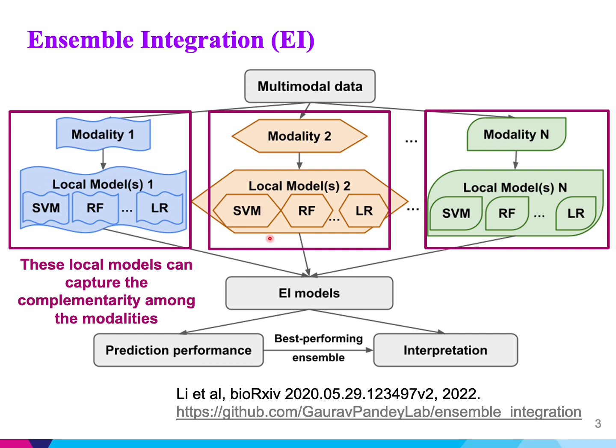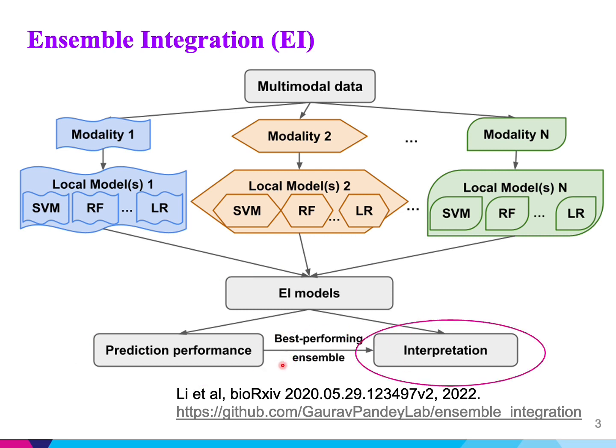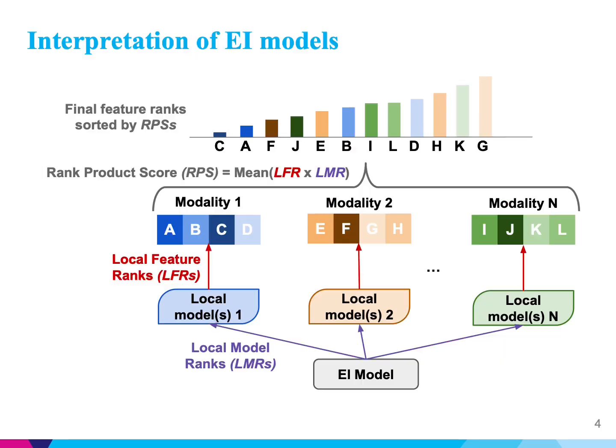With these different modalities, we can build different local models and capture the complementarity among the modalities. With this list of local models, we can use the heterogeneous ensemble to aggregate them together as the EI models, and then assess the prediction performance. Last, we use the best performing ensemble to perform the interpretation.